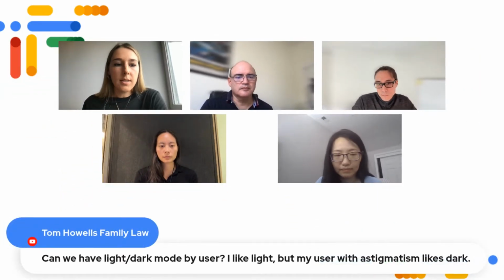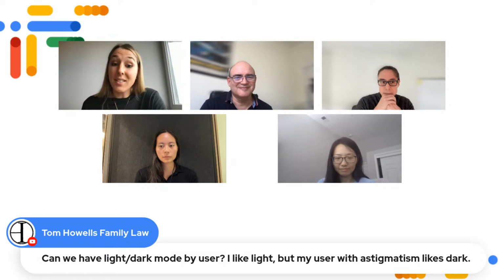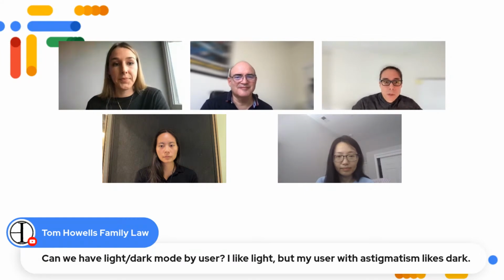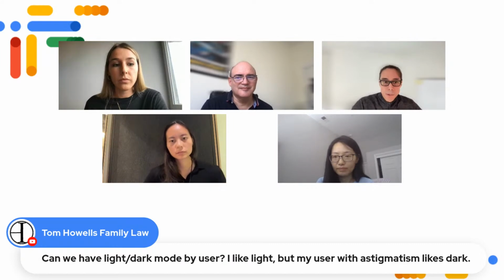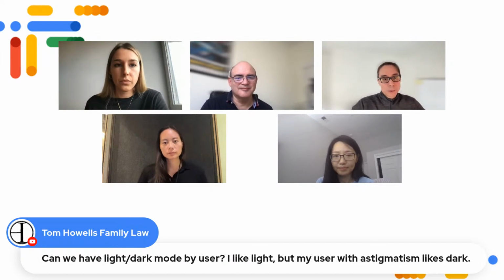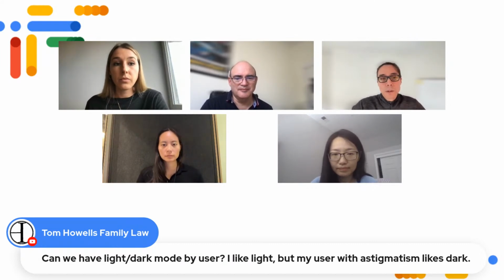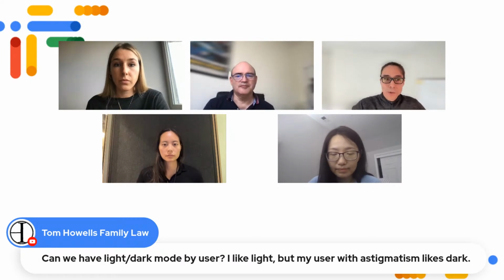Another question is, can we have light or dark mode by user? I like light, but my user with astigmatism likes dark. So definitely a good question regarding accessibility. I'm assuming this is for the end user of the application, so it's the app that should have light and dark mode. That should be available already.